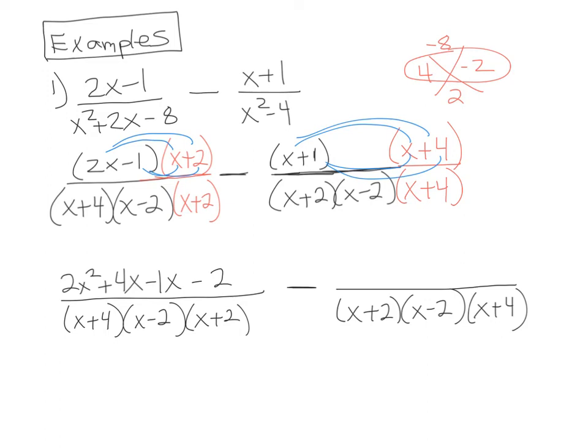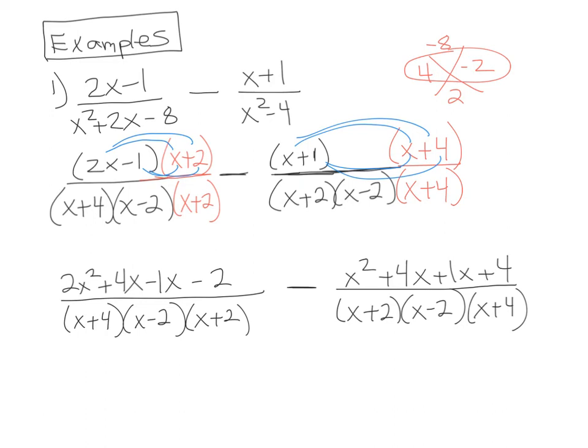All right, now FOIL over here, double distribute over here. X times x, x squared. X times 4, 4x. 1 times x, 1x. 1 times 4, 4. All right, let's see what the next step is.